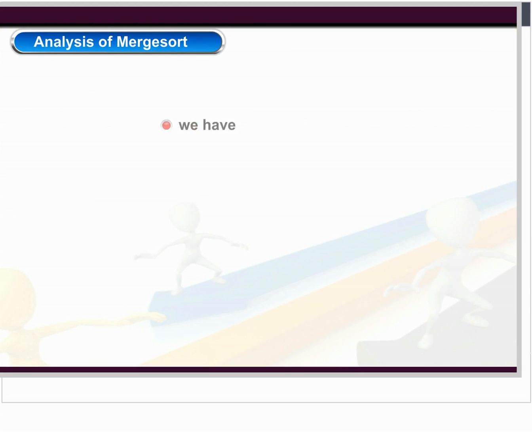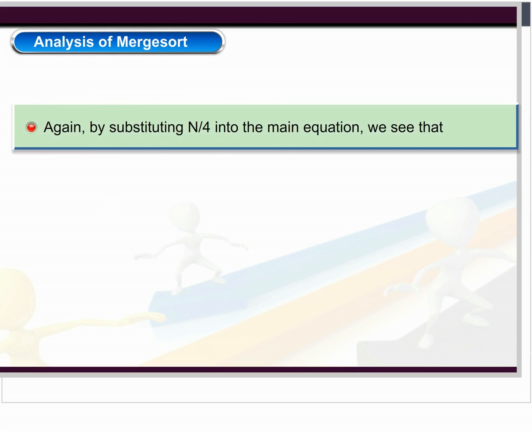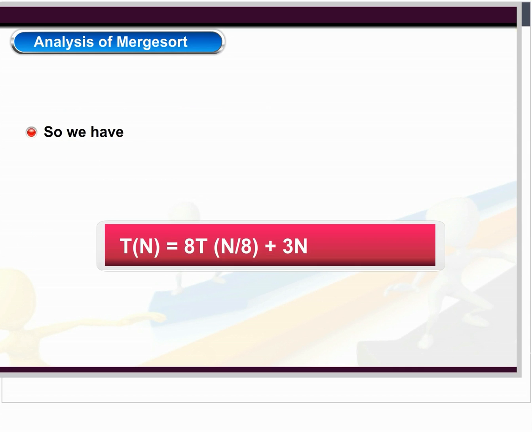We have T(n) equals 4T(n/4) plus 2n. Again, by substituting n/4 into the main equation, we see that 4T(n/4) equals 4 times 2T(n/8) plus n/4, which equals 8T(n/8) plus n. So we have T(n) equals 8T(n/8) plus 3n.